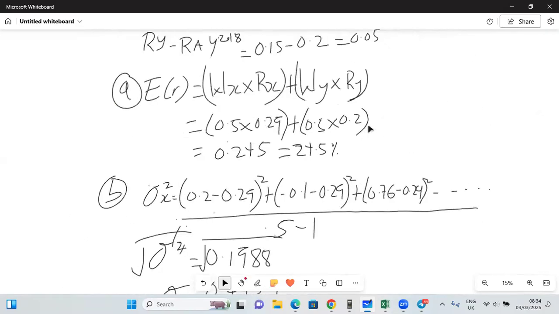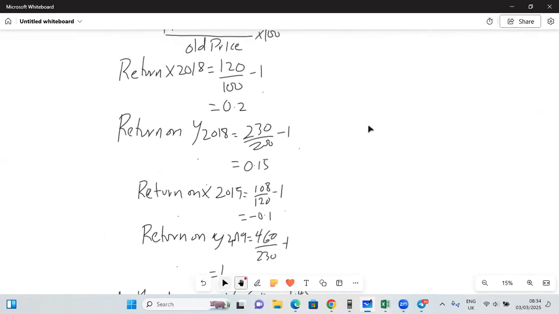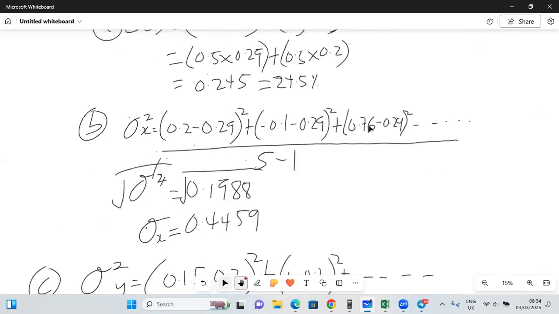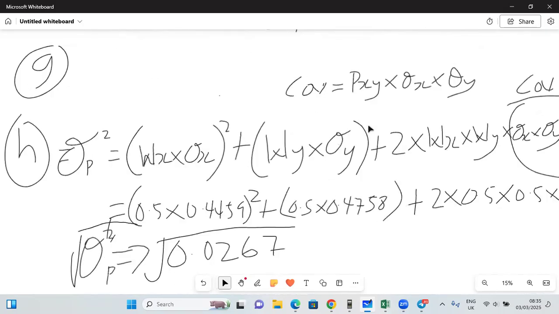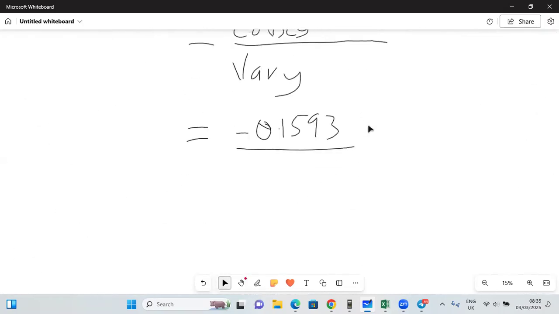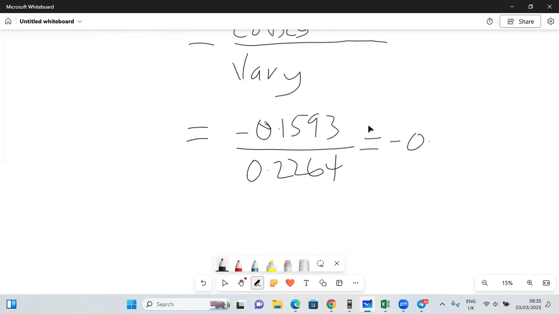Variance of asset Y is 0.2264. And we are going to get a beta of negative 0.7036. That is beta.